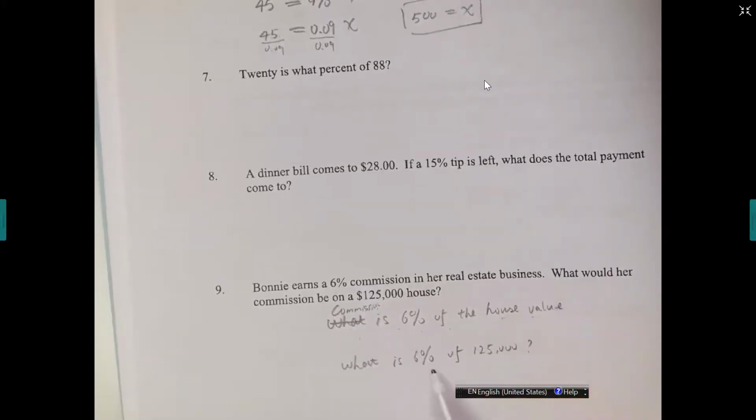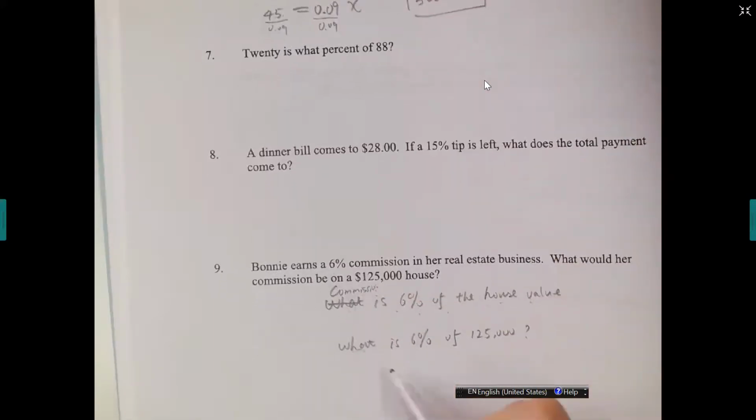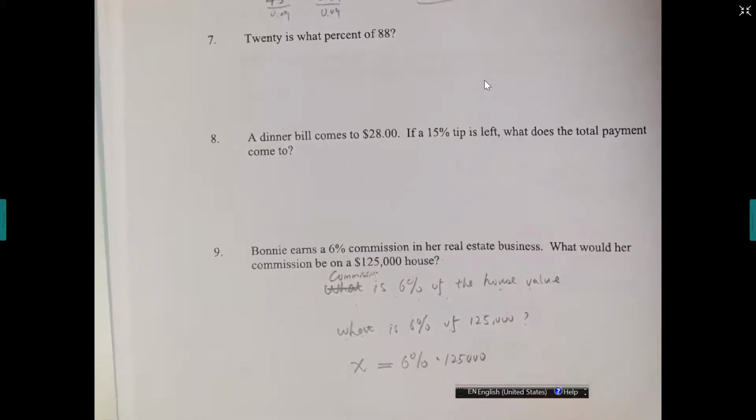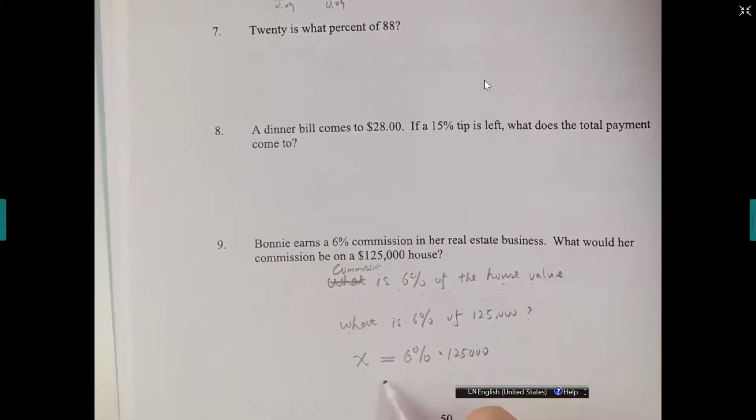So what is 6% of this number, 125,000? Are we able to solve this? Now we use what we did before. Let this number be x. X means equals. 6%, still 6%. Of means times. And times 125,000.